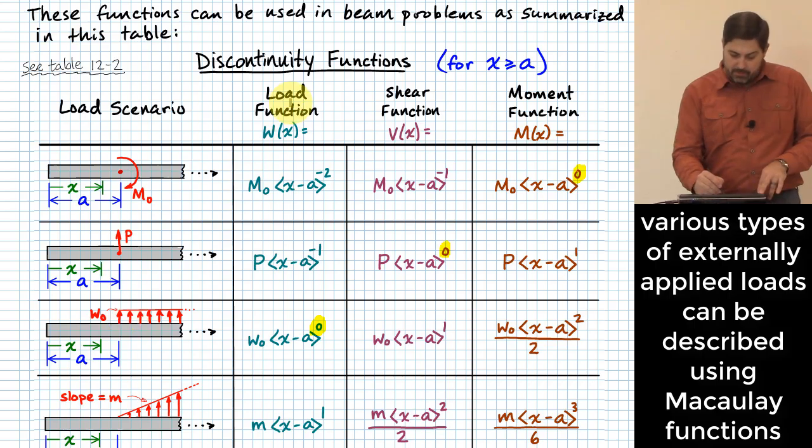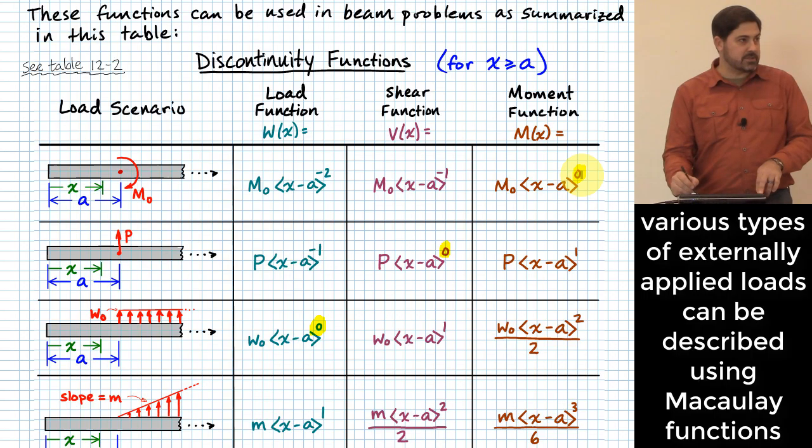So if we're talking about a distributed load function, then the Macaulay function we used goes to the 0th power. If we're talking about a concentrated force, which is very related to the shear function, that one is to the 0th power. And for the concentrated moment, that one is to the 0th power as well.